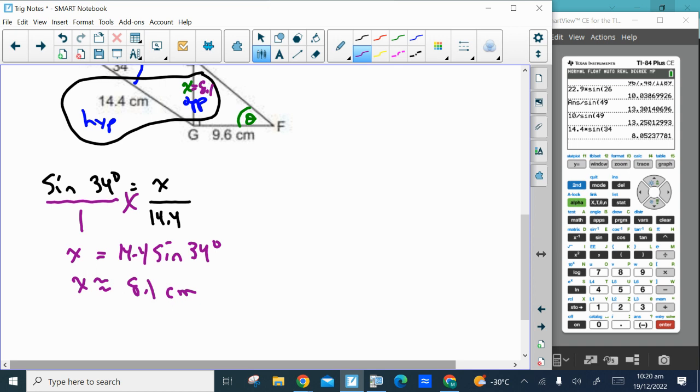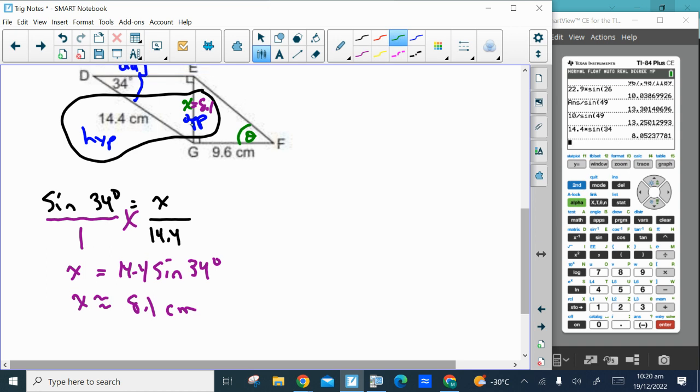8.1. So now I can go to that triangle on the right to find out what theta is. In relation to that angle theta, the 8.1 is still the opposite. The G angle is 90 degrees. The side across from that is the hypotenuse. The third side is the adjacent.